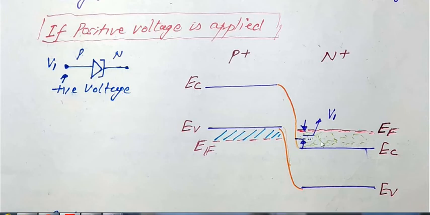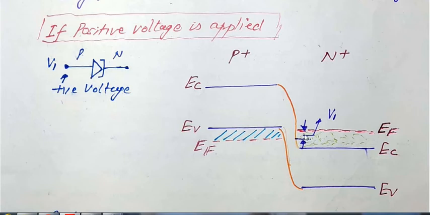So we can see here the Fermi level towards the P plus side is slightly lower and the Fermi level towards the N plus side is at a slightly higher level as we compare it with the Fermi level of the P plus side. There is a small difference between these two levels.